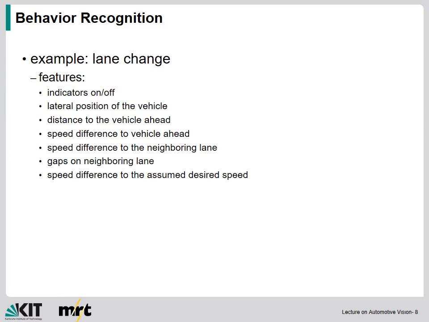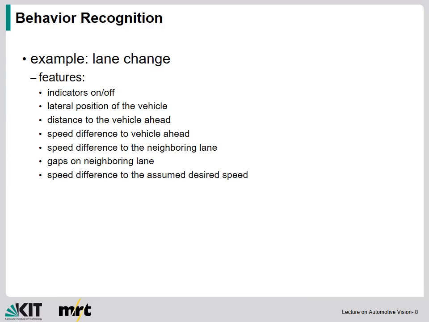The distance to the vehicle ahead might be relevant, as well as speed difference to the vehicle ahead and the speed difference to neighboring lanes. We might check whether there are gaps on the neighboring lanes, which are a prerequisite for a lane change, or whether there aren't gaps.